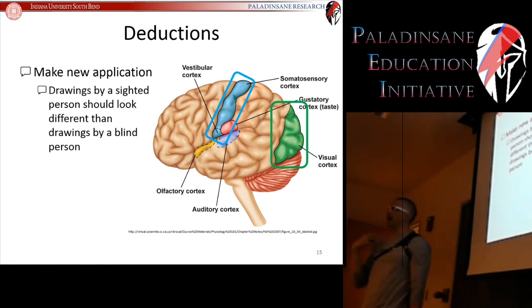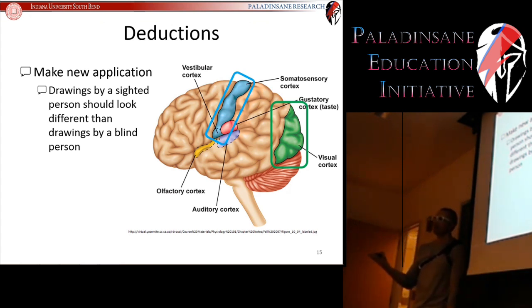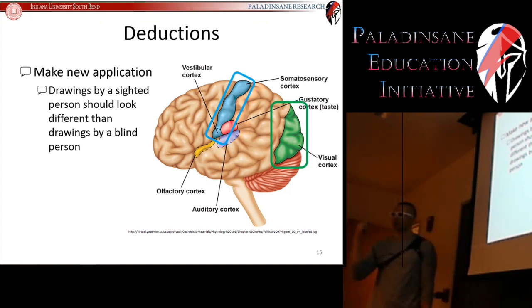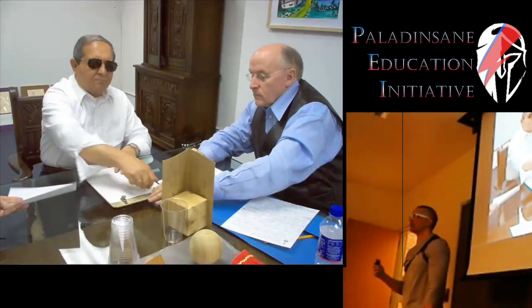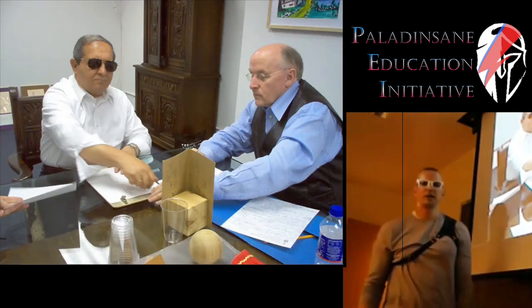So without ever running a subject, based on what was known about the visual cortex and visual processing, what was known about the somatosensory cortex and tactile processing, and what is known about localization of function, I could make the prediction that drawings by a blind individual should look completely different than drawings by a sighted individual.